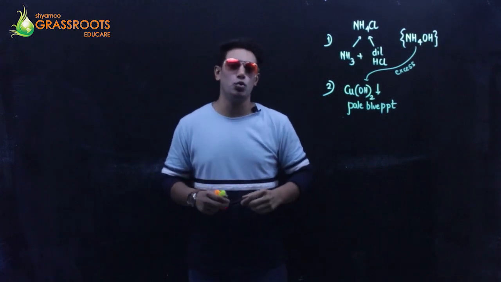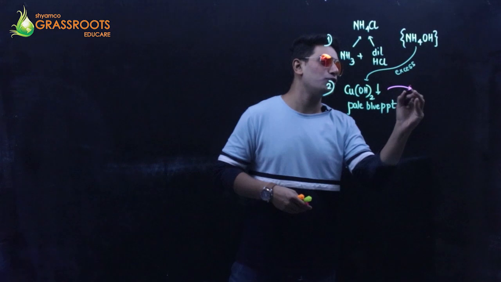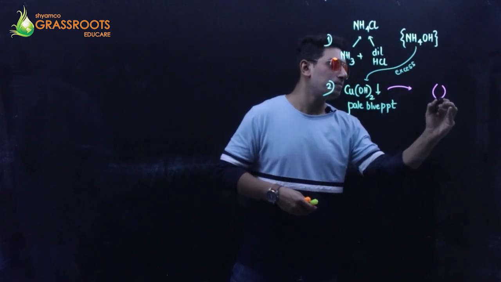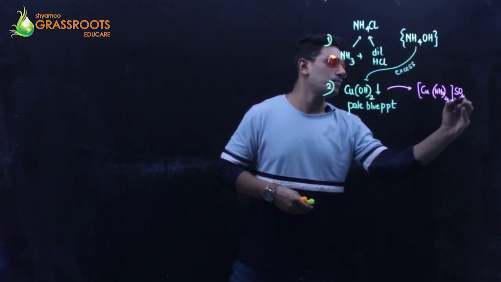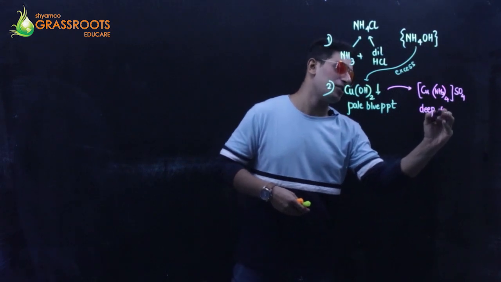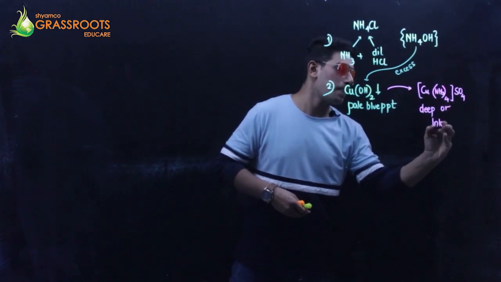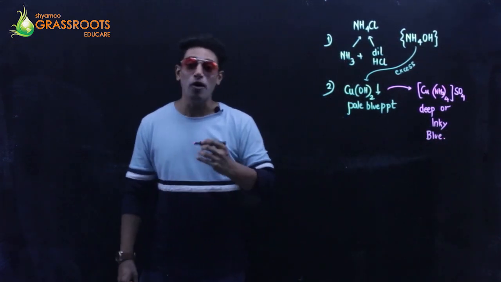A deep blue or inky blue, clear solution of tetraamine copper sulfate. Yeah, that was a deep or inky blue. Now this is again an observation. These are all repeated reactions for ammonia.